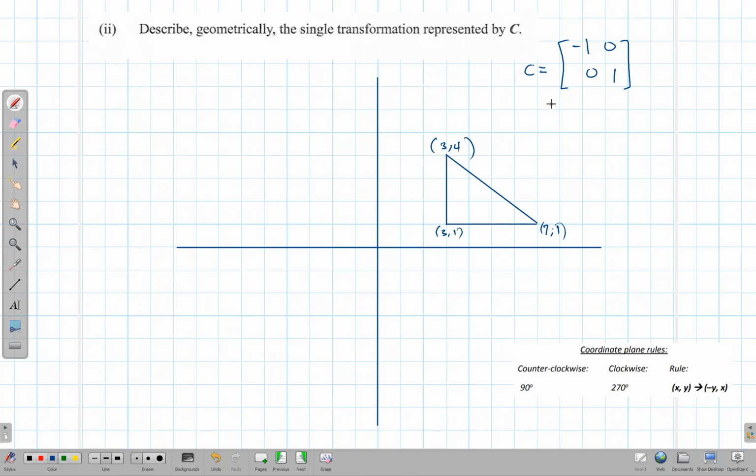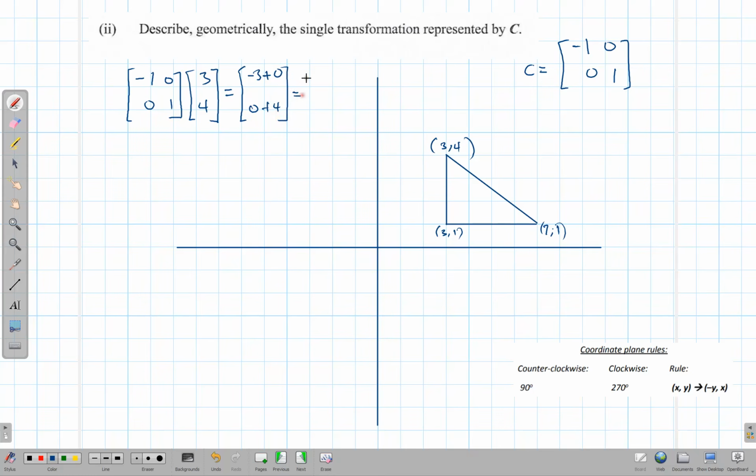So if we take this matrix and multiply a single point, for example (3, 4), and see what it does with it, then the matrix [-1, 0; 0, 1] times (3, 4), what would it do to this point? And whatever it does to this point, we can replicate it for the others. So -1 times 3 gives us a -3, plus 0 times 4 gives us a 0, 0 times 3 gives us a 0, and 1 times 4 gives us 4.